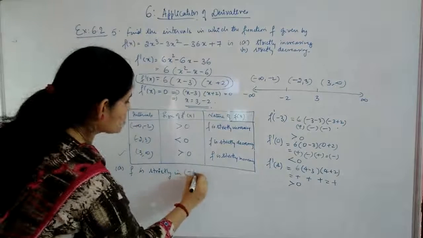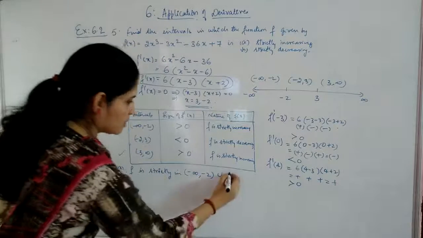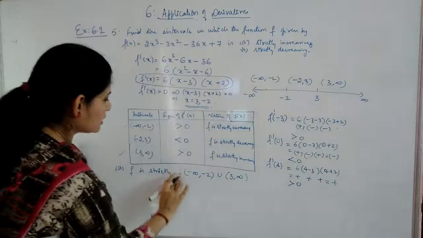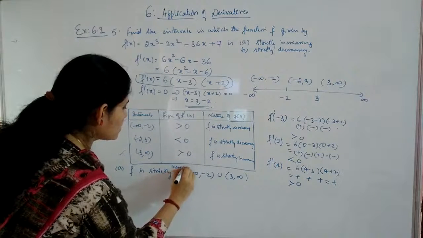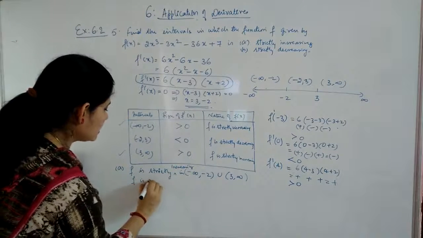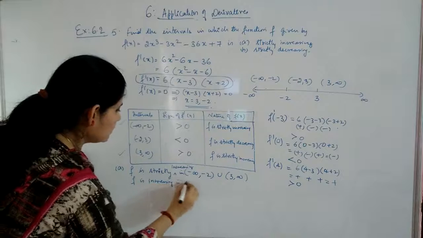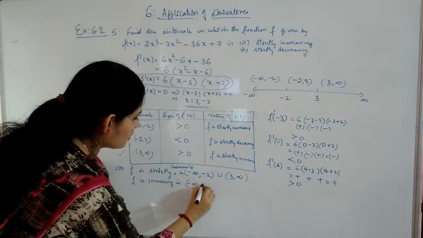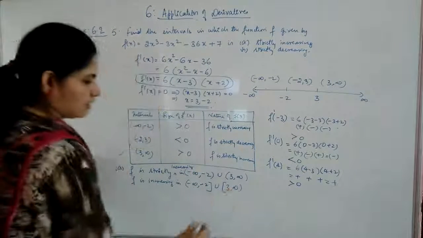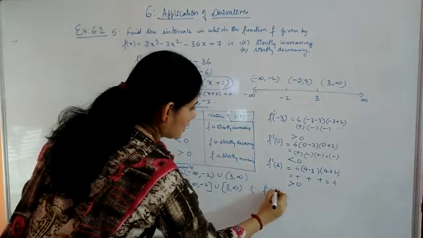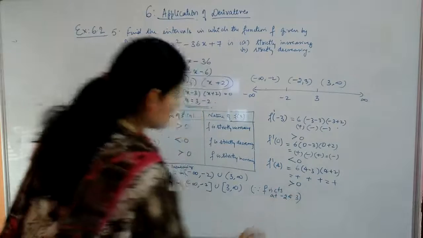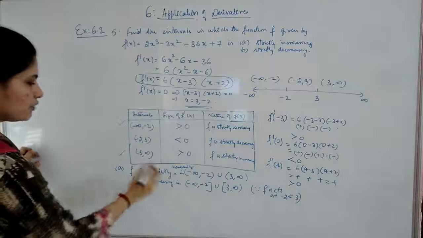So you have to combine these two and write the union, (-∞, -2) ∪ (3, ∞). Now if it is only increasing that is given in the question, what you have to write is f is increasing in (-∞, -2] ∪ [3, ∞). Since f is continuous at those points, that is -2 and 3, you can write the closed interval here. That will give you your increasing part.